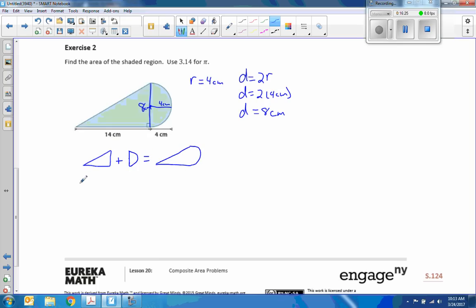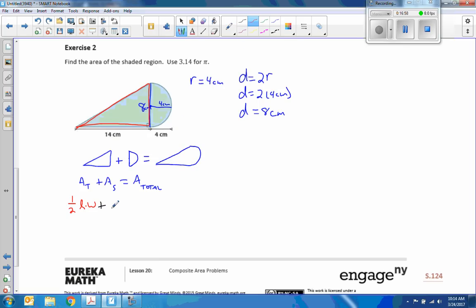So I'm going to say area of the triangle plus area of the semicircle equals the area total. Okay, so the triangle is here. So area of the triangle is 1/2 length times width, or 1/2 base times height, either or, plus area of a semicircle.